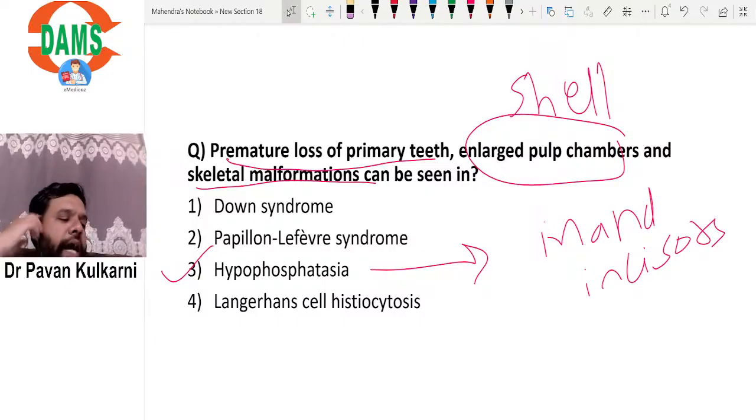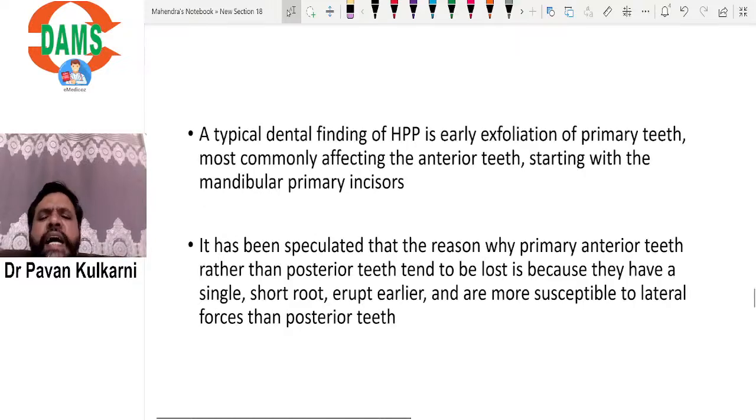So hypophosphatasia typically affects the exfoliation of the primary teeth, particularly mandibular incisors. Remember why only mandibular teeth are affected, not posterior teeth: mandibular teeth have short, single roots, so they are more susceptible to lateral forces.